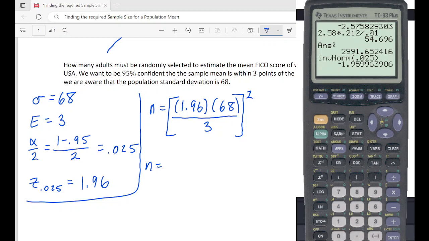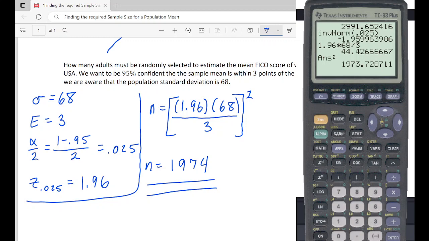So I'm going to do what's inside, 1.96 times 68 divided by 3. Hit enter, and then just going to square the whole thing. And it's going to be 1973.7, but because it's a decimal and not a whole number, I'm going to round it up to 1974.